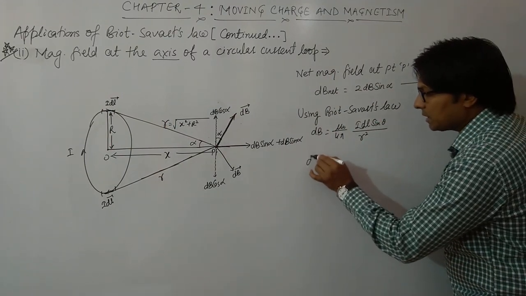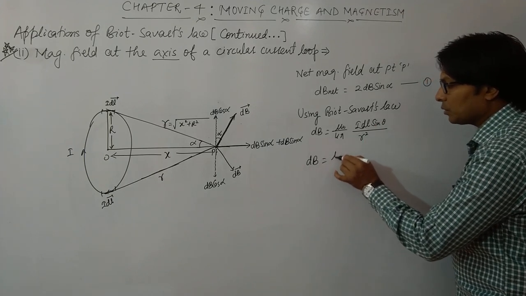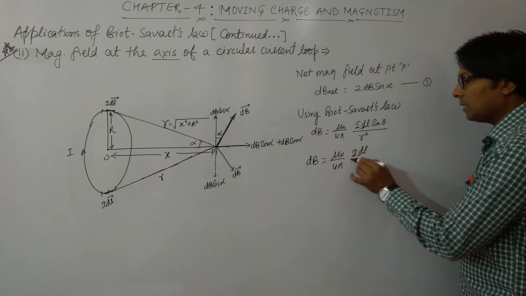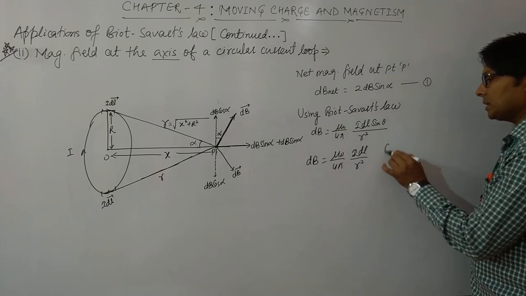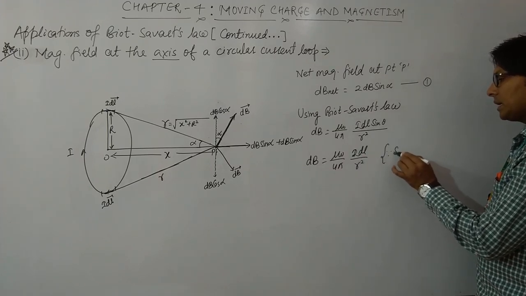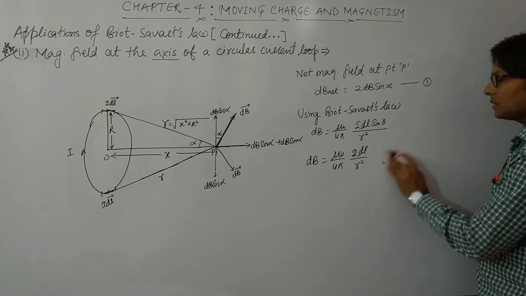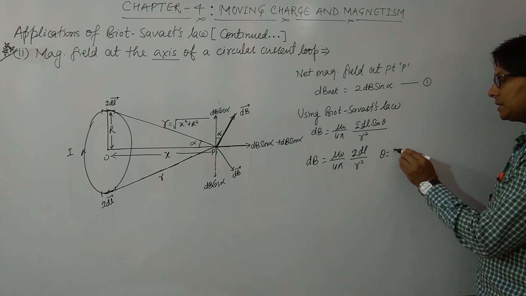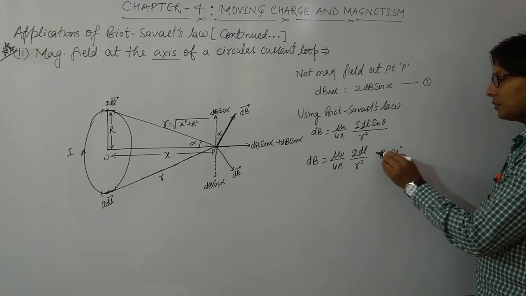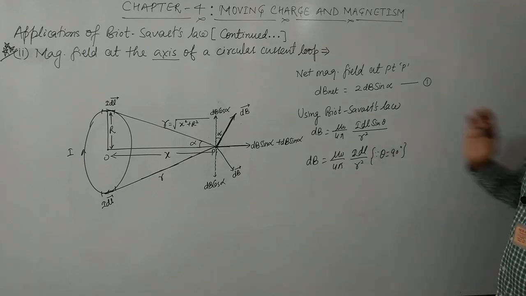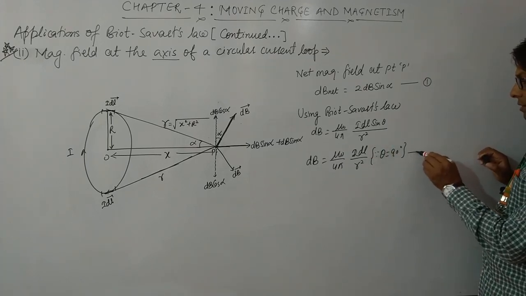So I am simply writing dB is equal to mu 0 upon 4 pi I dl upon r square. This is, suppose, equation second.